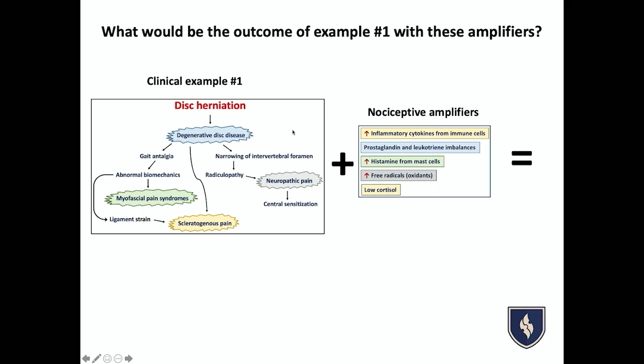Their pain could be much, much worse. So they could have a surgical procedure and then have more amplifiers develop over time, and they feel like they're actually getting worse, even though the actual surgery was successful. So those are things you want to understand when you're doing your workup. What kind of pains, what type of pain patterns do they have? And then what are the amplifiers of these pains, right?